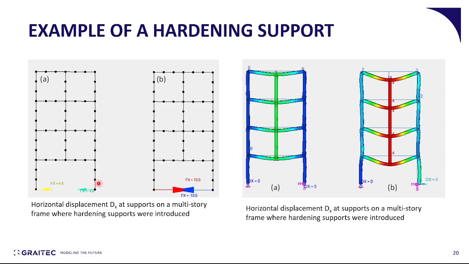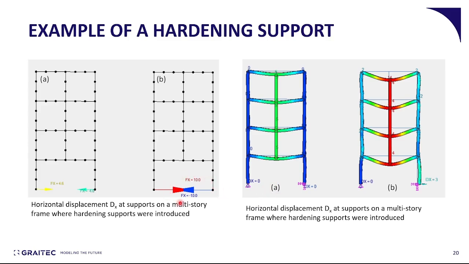An increased load is applied on frame B in order to activate the hardening support. Checking the first case, we see that the reaction forces are equal to 4.6, and any movement is blocked because there is still capacity within the hardening support.